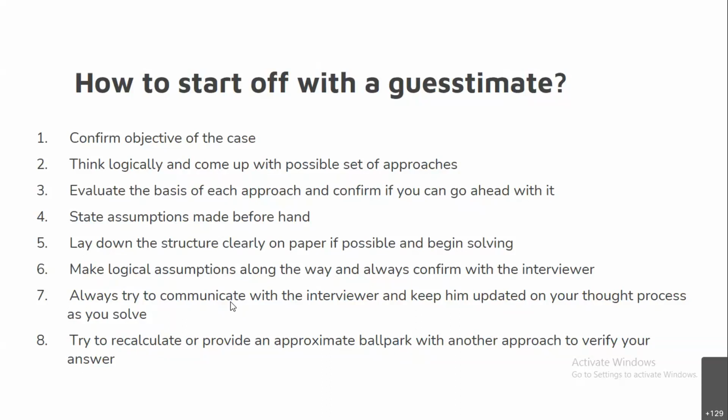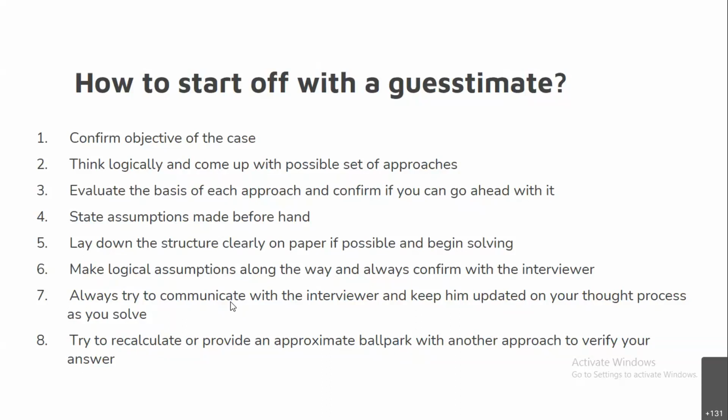Now, once you follow the above steps, you will end up with a final answer. If you have time and you're very confident with your approach and your quantitative calculations, it's optional, but it is always better to recalculate or provide an approximate ballpark with another approach.